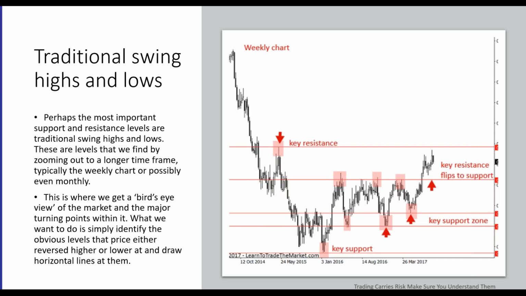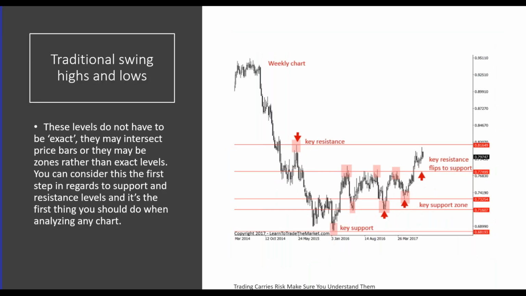So we talked about traditional swing highs and swing lows, as we saw on the presentation, of finding your support and resistance levels. Now, these levels that we find by zooming out to longer time frames, typically weekly charts, possibly even monthly, this is where we get a bird's eye view of the market and the major turning points within it. These levels do not have to be exact. Now, remember, you're going to draw them on your chart at a number.